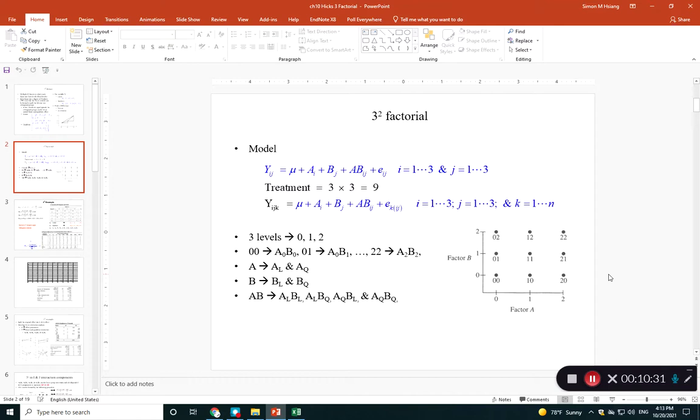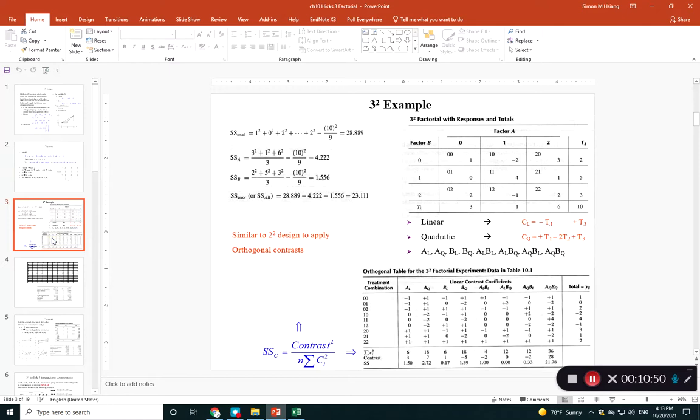And with all those points, now rather than using 4 points to decide, are they parallel or not parallel? Parallel, no interaction. Not parallel, there is a crossing effect. Now we're using 9 points. So we need to develop a 9 point, just like before. We have a contrast square.